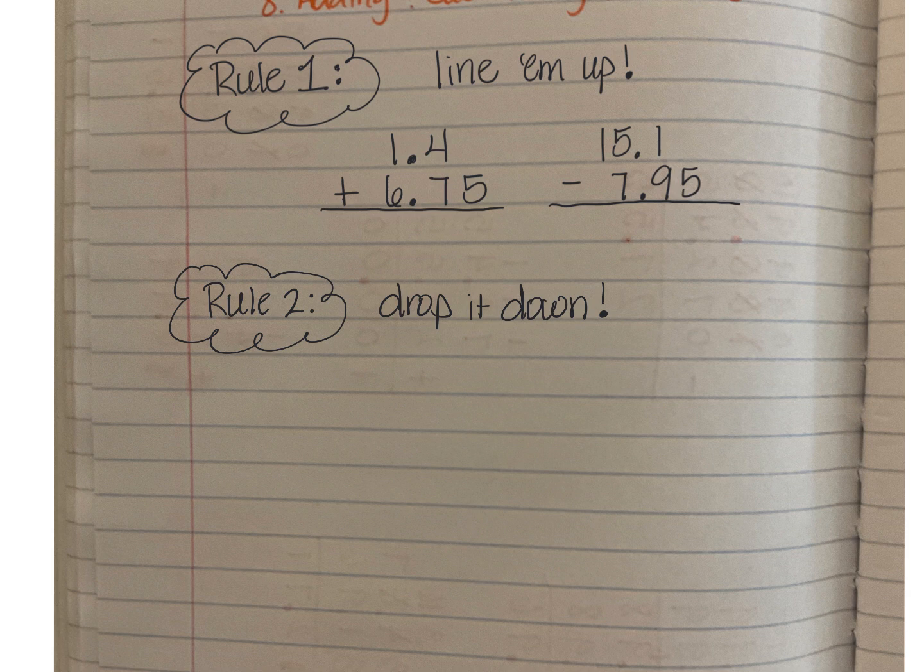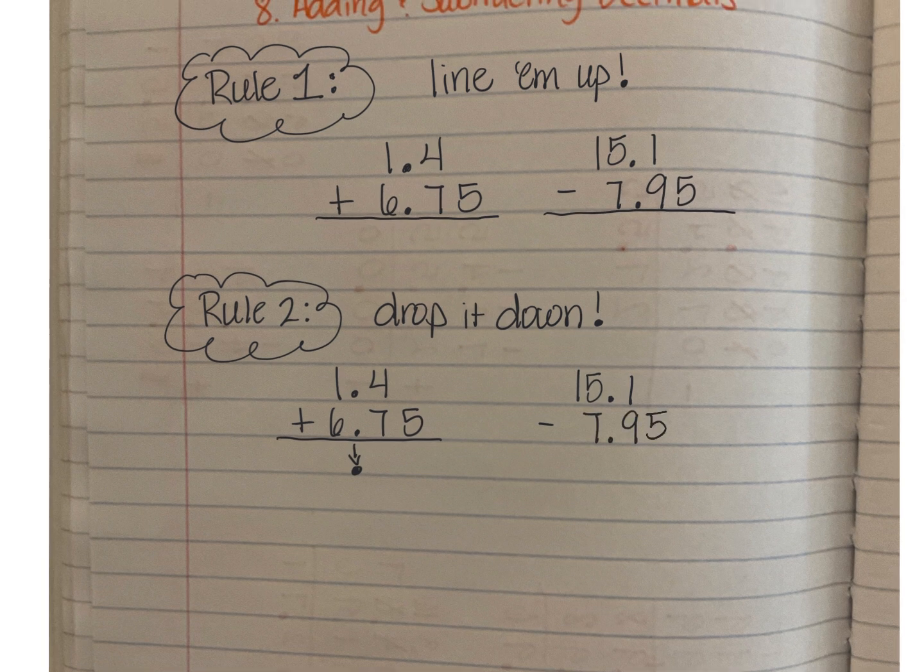So this is what it looks like. If I have 1 4/10 plus 6 75/100, I'm going to automatically drop my decimal down just like that. And the same thing with 15 1/10 minus 7 95/100.